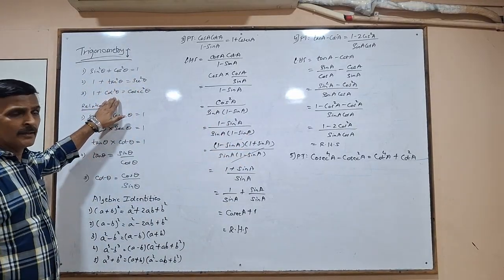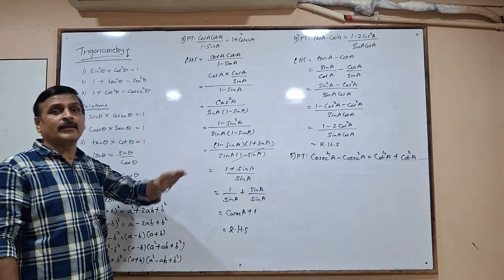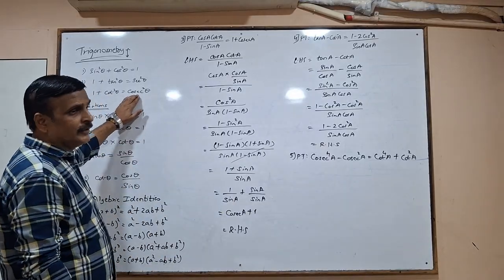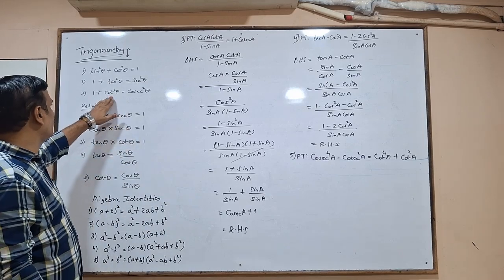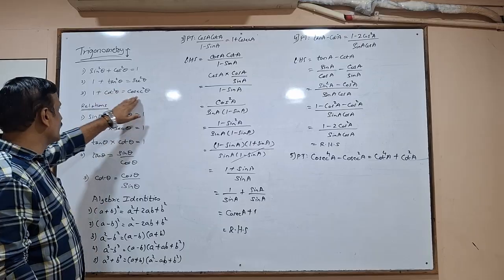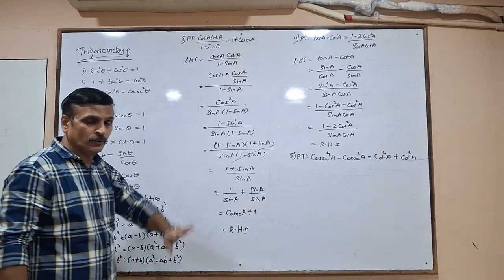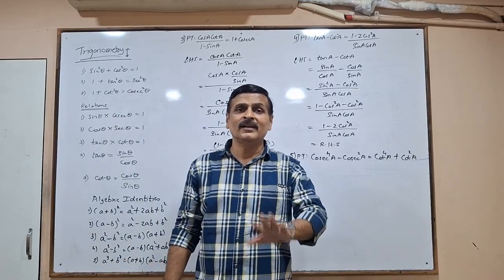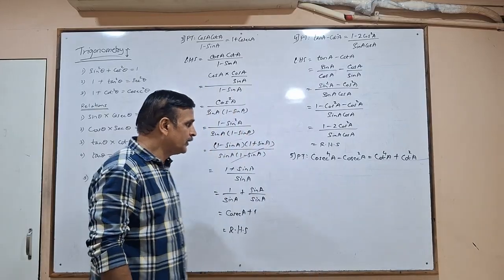But please remember, this identity is only for the square terms, cot square theta and cosec square theta. If any of you feel the same can be applied for cot raised to 4, cosec raised to 4, or cot raised to 6, cosec raised to 6, or cot raised to 8, cosec raised to 8, no, that doesn't exist. The identity only exists for cot square theta and cosec square theta.